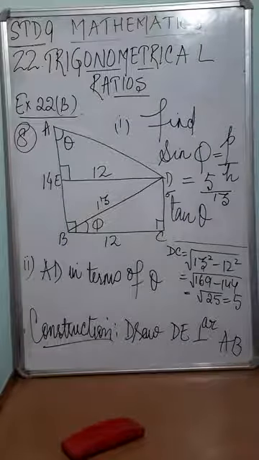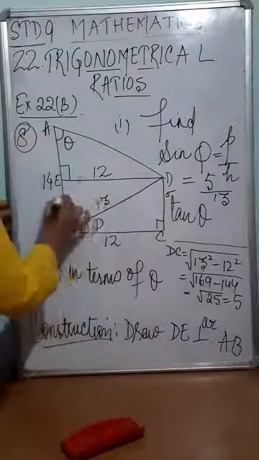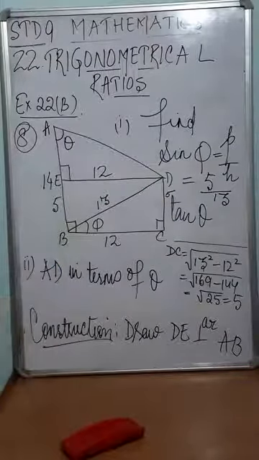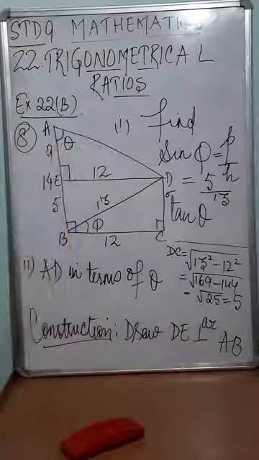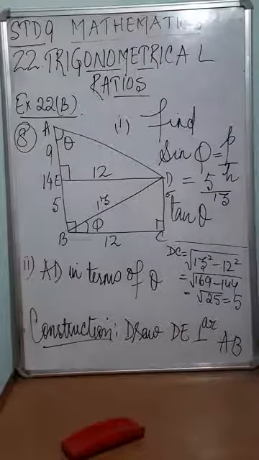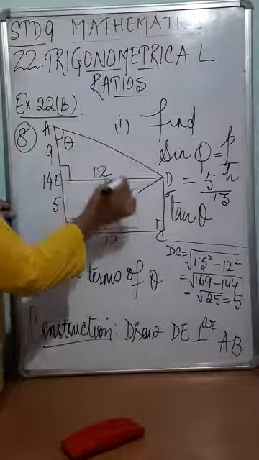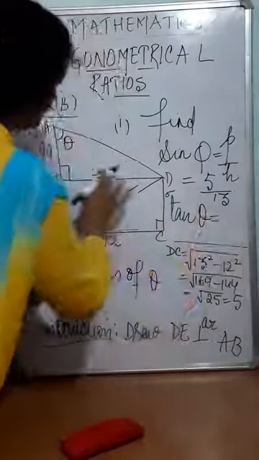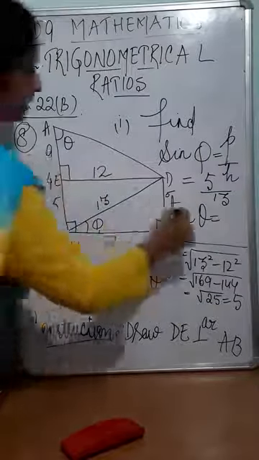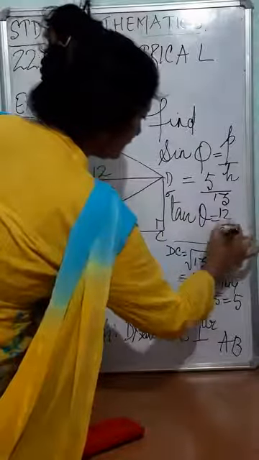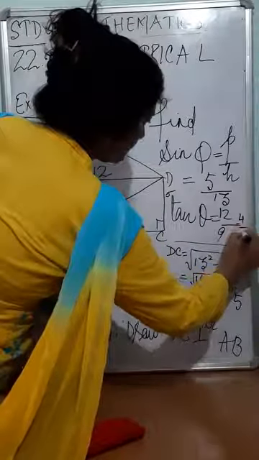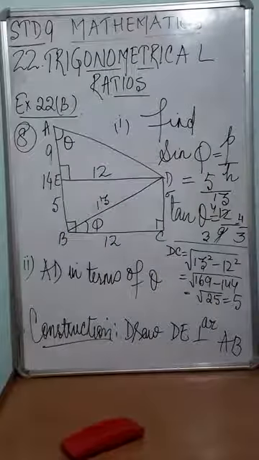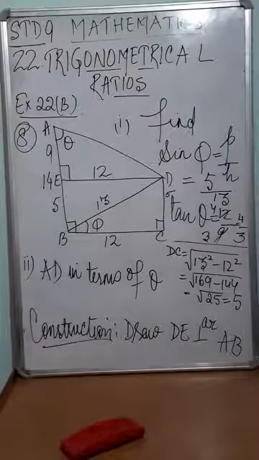Now, DC is 5. Therefore, if EB is 5, this part will be 14 minus 5, which is 9. AE is 9. Therefore, tan theta is equal to perpendicular by base, that is 12 by 9, or 4 by 3.